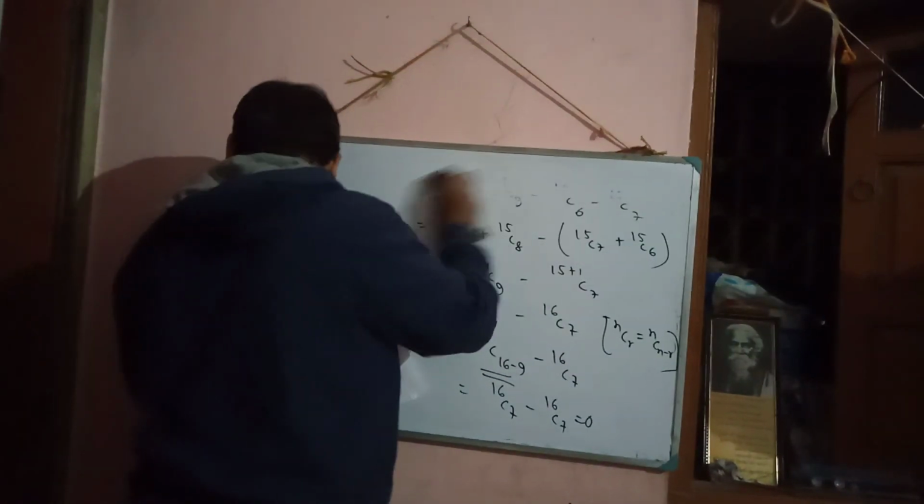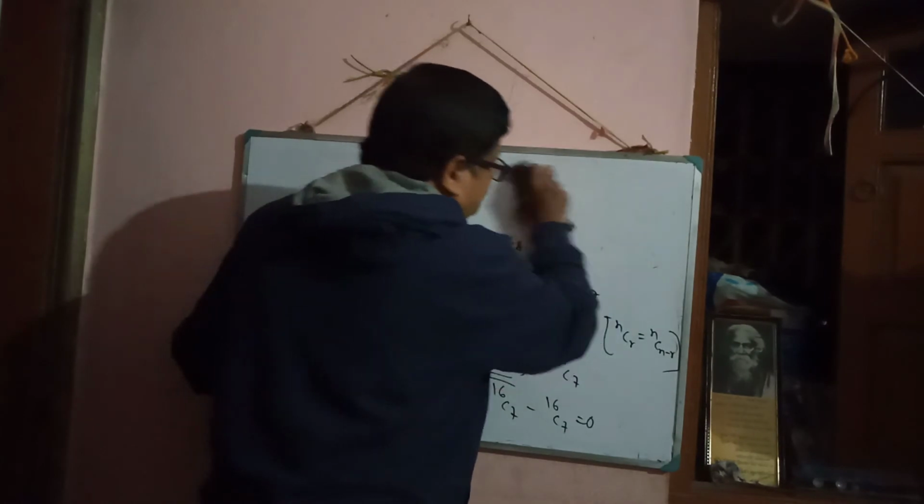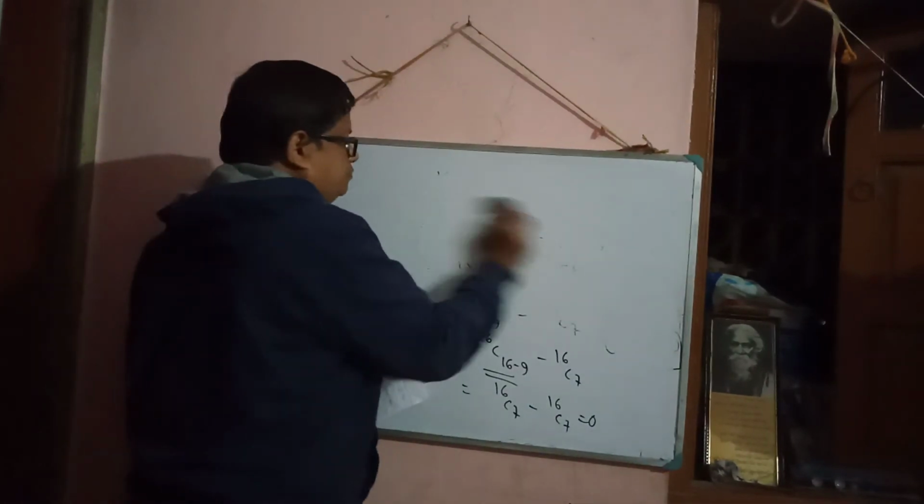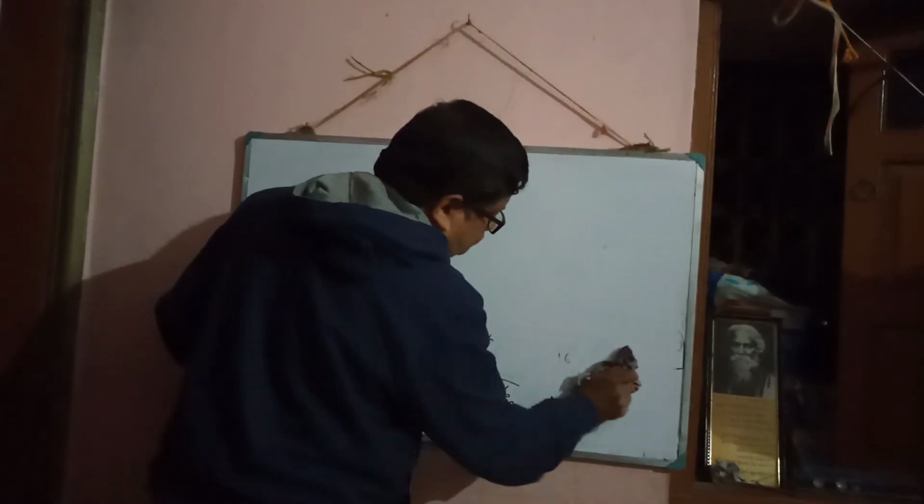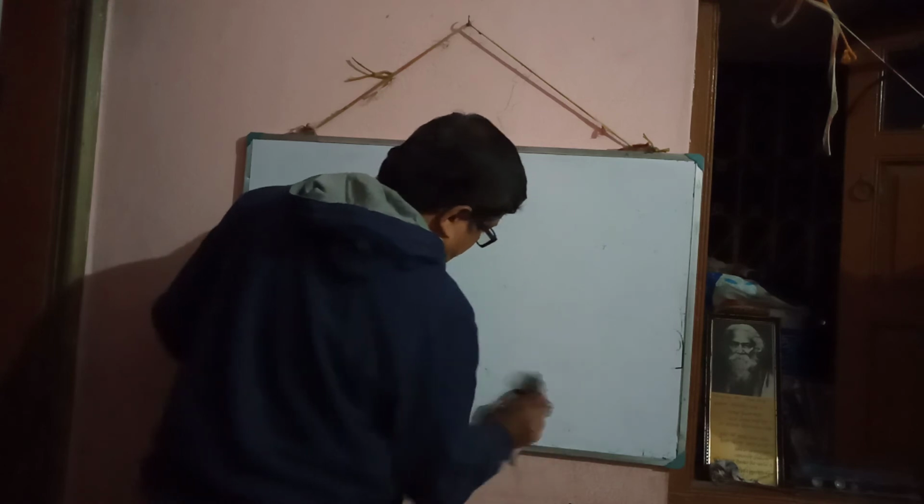Okay. Now next one. The total number of combinations of n different things taken any number at a time is 2 to the power n minus 1.